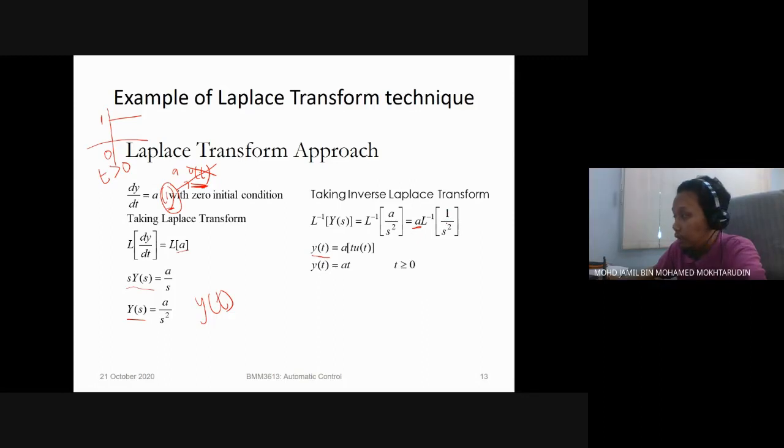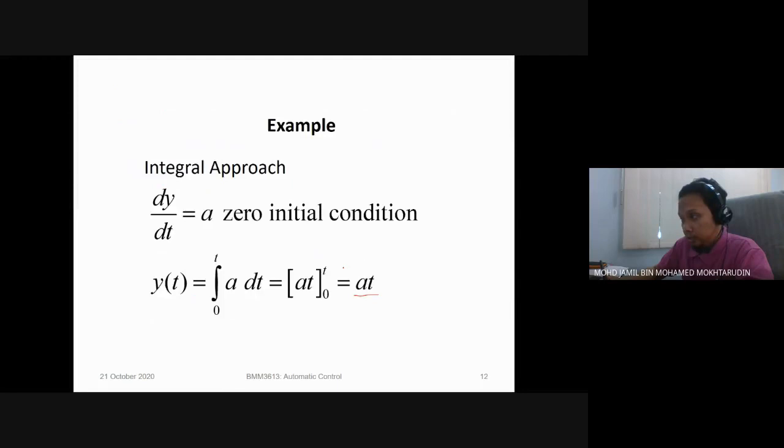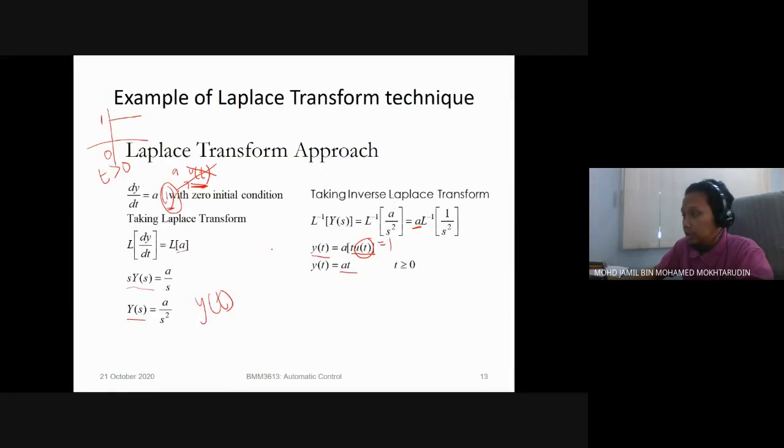So 1 over s squared becomes t times u(t). We know that u(t) equals 1, so you just write A times t, okay? It's the same answer as the first integral approach.